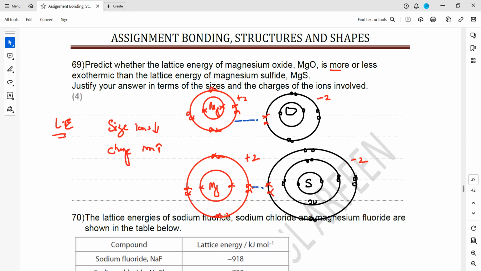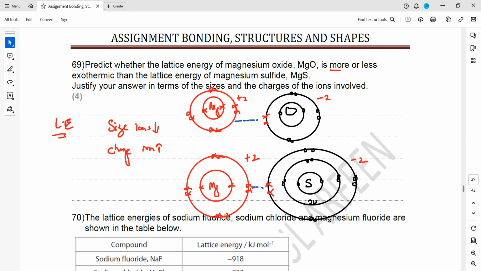What is the reason for that? The things you will mention: first point, you will mention the lattice energy depends on the size of the ions and the charge on the ions. Then you will mention magnesium oxide is more exothermic compared to magnesium sulfide. What is the reason?